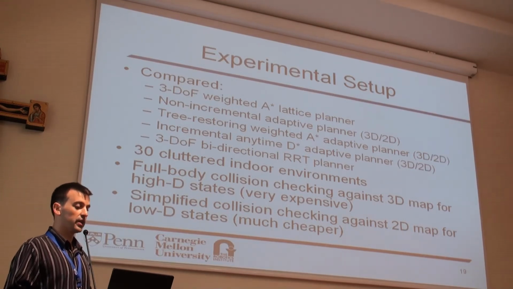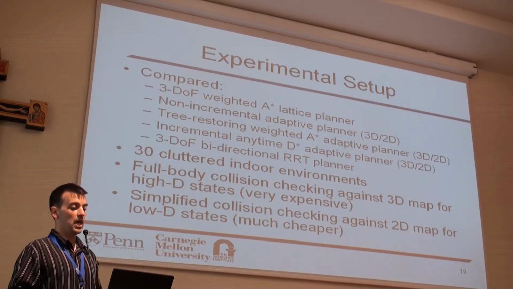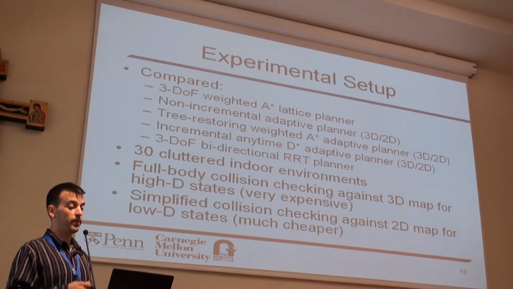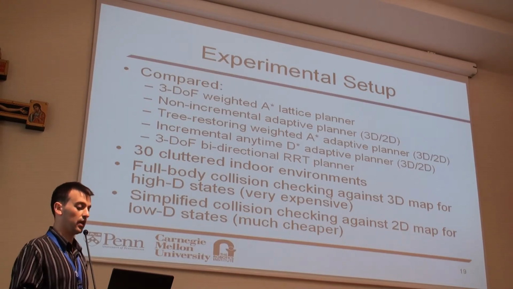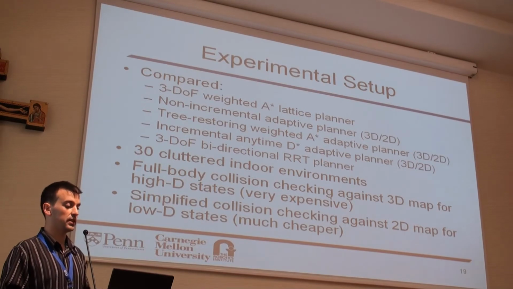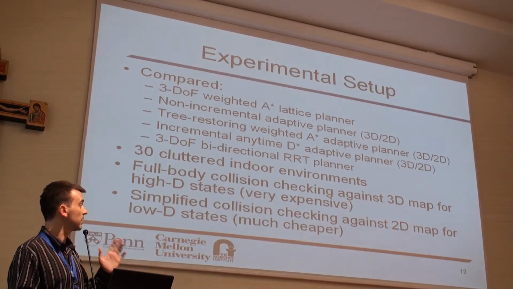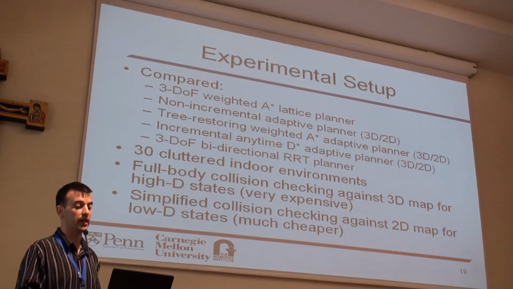We had 30 cluttered indoor environments with varying degree of difficulty. And we performed full body collision checking against all 3D states, which was extremely computationally expensive. And for 2D states, the adaptive planners used much simplified and cheaper collision checking against the 3D map.